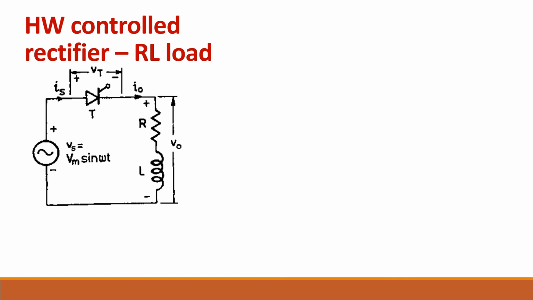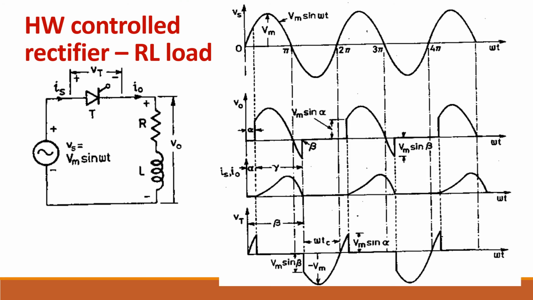In the half wave rectifier, this is the supply voltage. First you see the load current I0. From alpha it starts to increase, then after pi it decreases and becomes zero at beta. So this is beta.